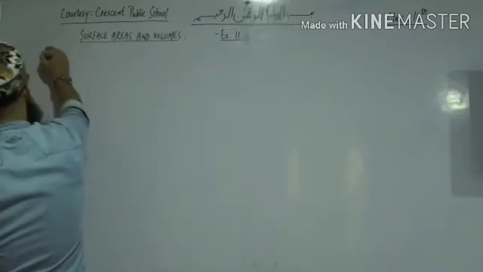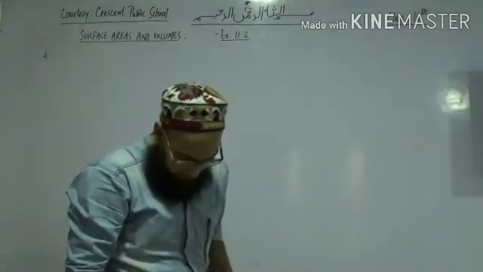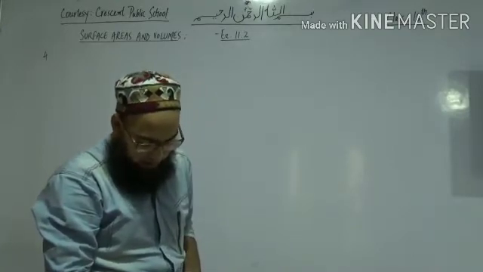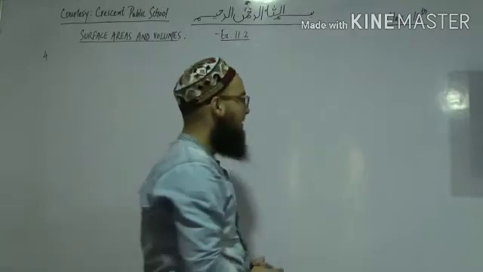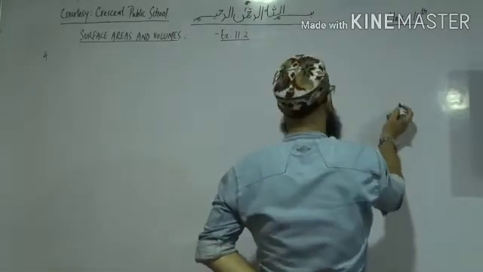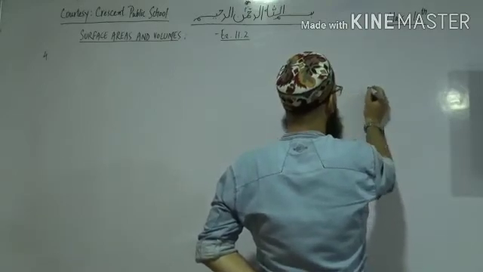Now the next question. A pen stand made of wood is in the shape of a cuboid. There happens to be a pen stand which is in the shape of a cuboid, so let me try it.